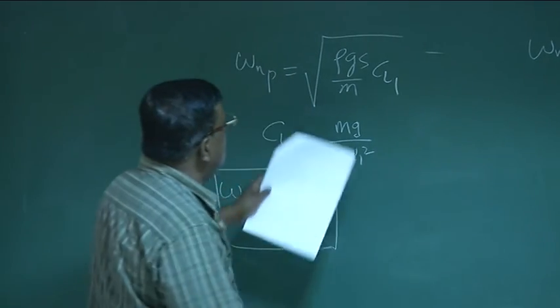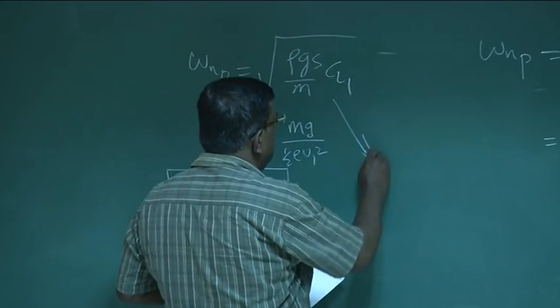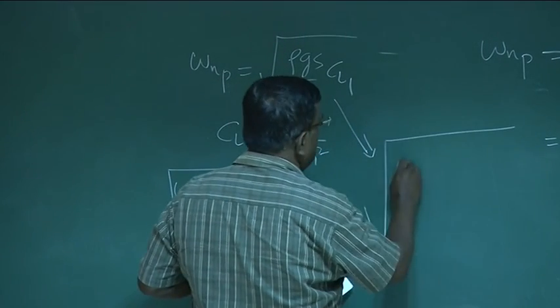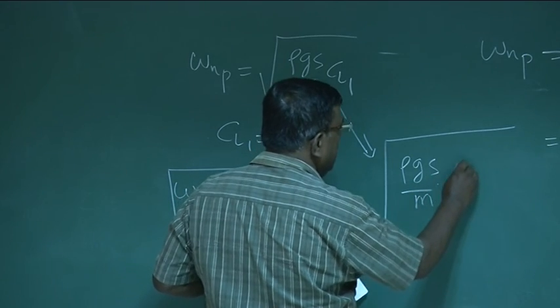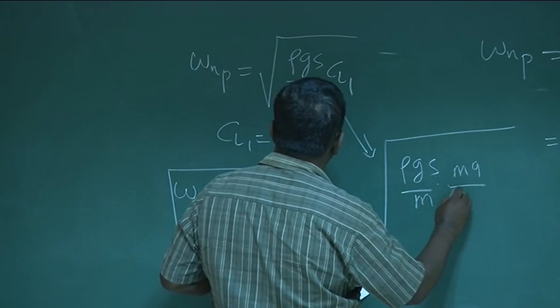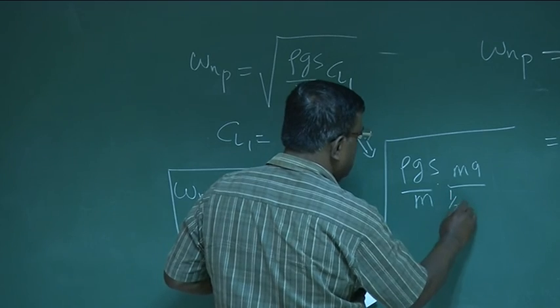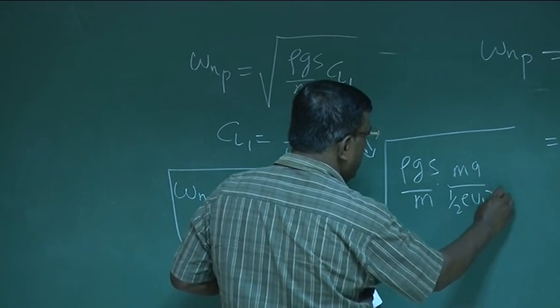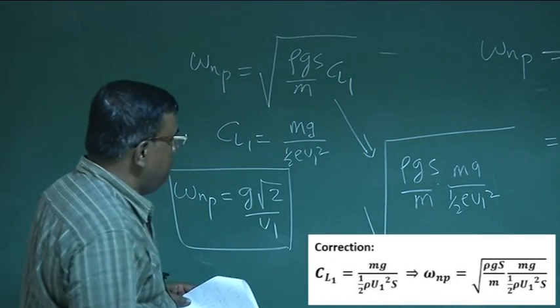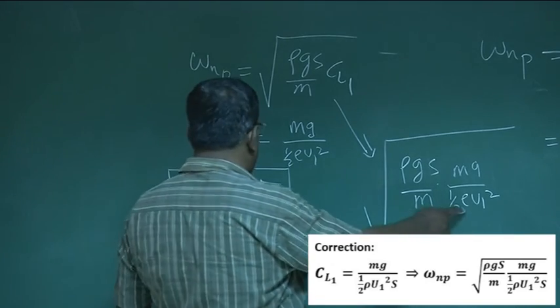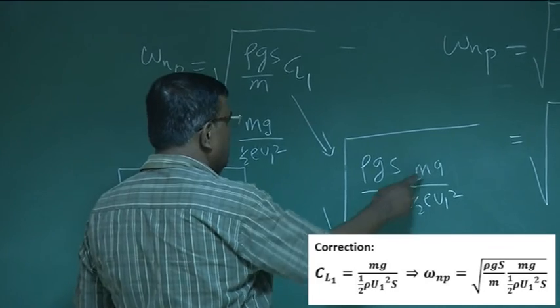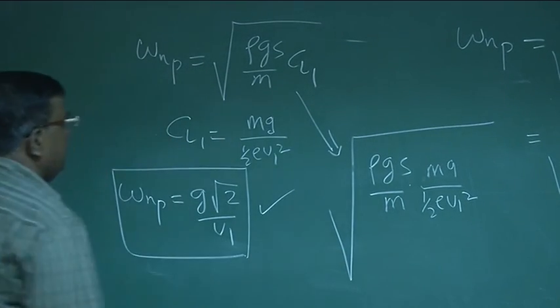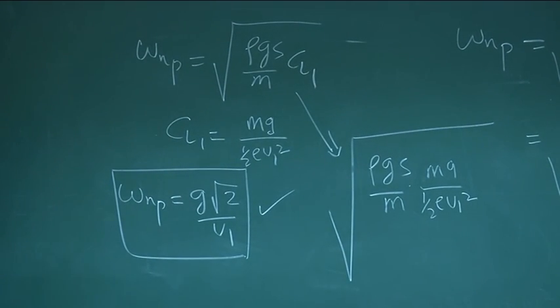For CL1, under root of rho GS by M, and CL1 is mg by half rho U1 square. So you could see that half goes here, rho gets cancelled, G remains, M will get cancelled, so we get this expression.